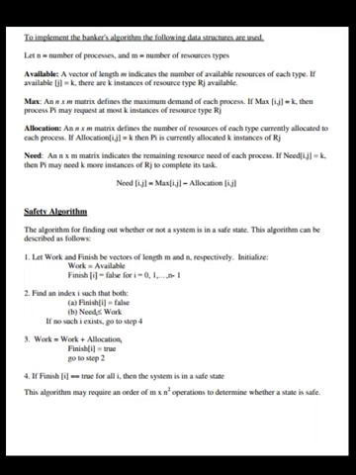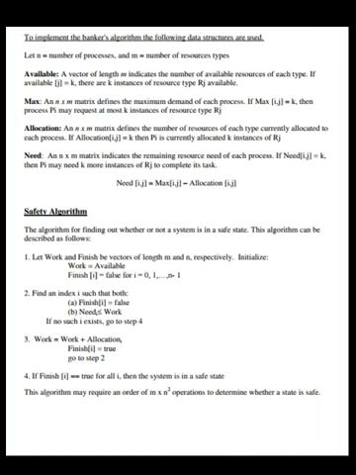If Allocation[i][j] equals k, then Pi is currently allocated k instances of Rj. Need is an n x m matrix that indicates the remaining resource need of each process. If Need[i][j] equals k, then Pi may need k more instances of Rj to complete its task. Need[i][j] equals Max[i][j] minus Allocation[i][j].